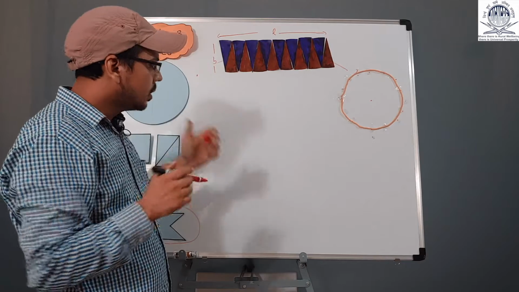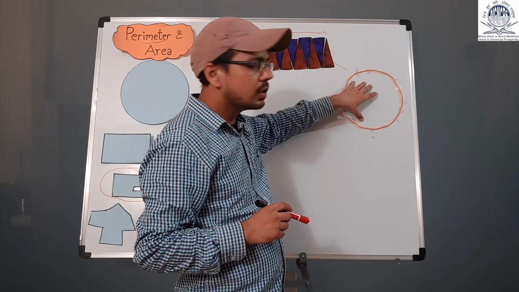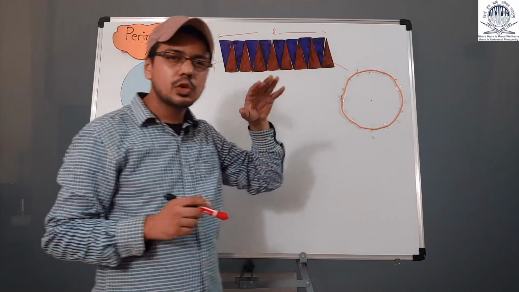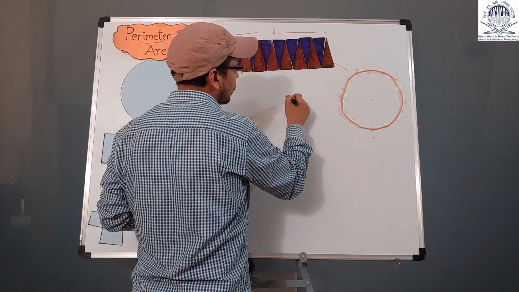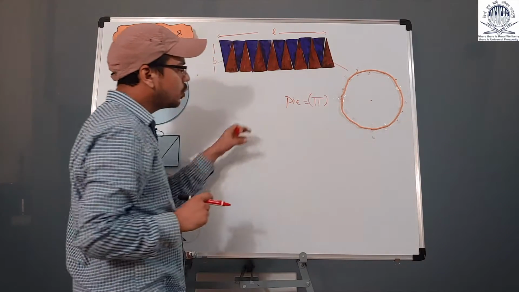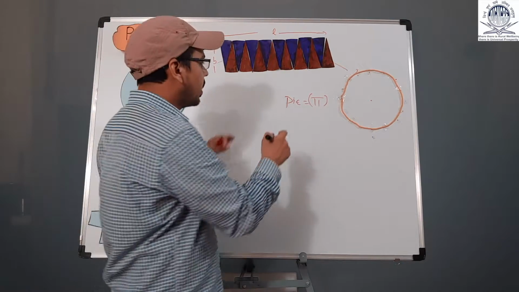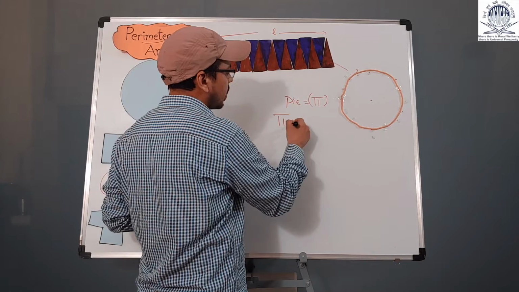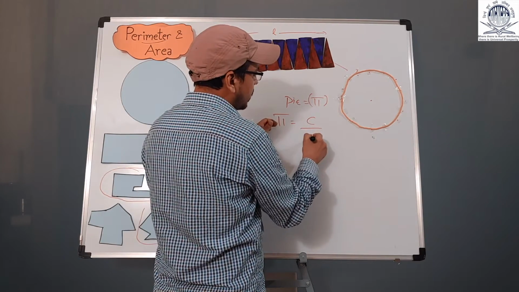And in concern to a circle, the first thing which always comes to our mind is the word pi, indicated by this. Now if I want to find the value of pi, we know that pi must come as circumference divided by diameter.